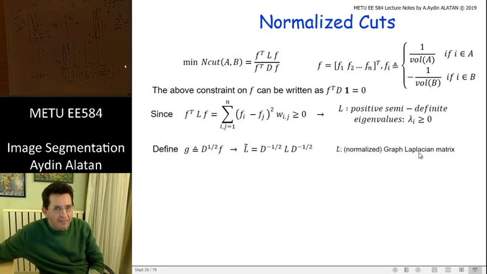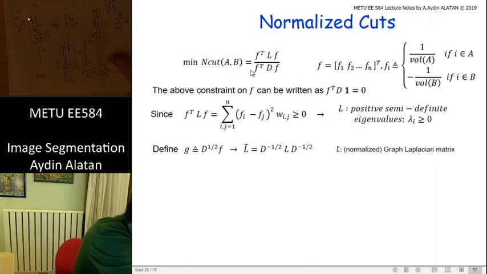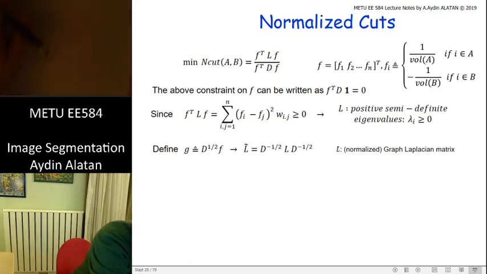Solving this part is tricky. I don't want to have something in the denominator like this. I would like to get rid of this. Since this is diagonal, I can have this as D^(1/2), okay?